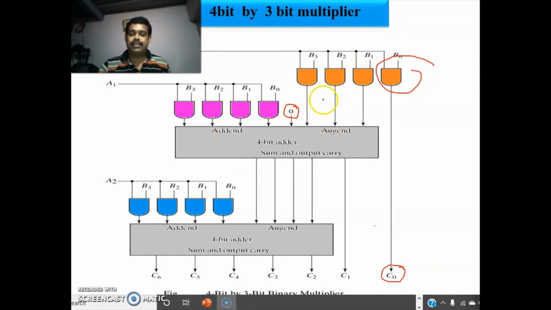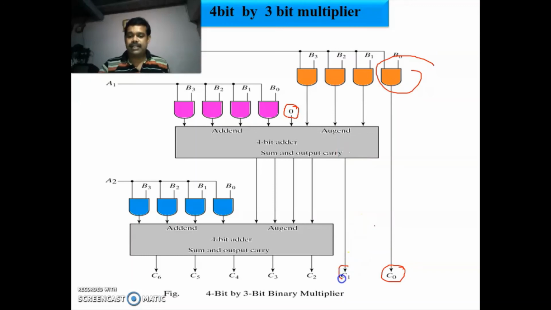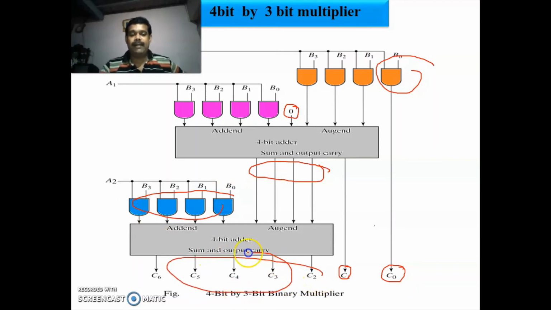We are adding these two partial products and we are getting the sum. The LSB of this 4-bit adder is nothing but C2. Next we are multiplying A2 with B0, B1, B2, B3 and we are adding this sum with this partial product and we are getting the final sum.